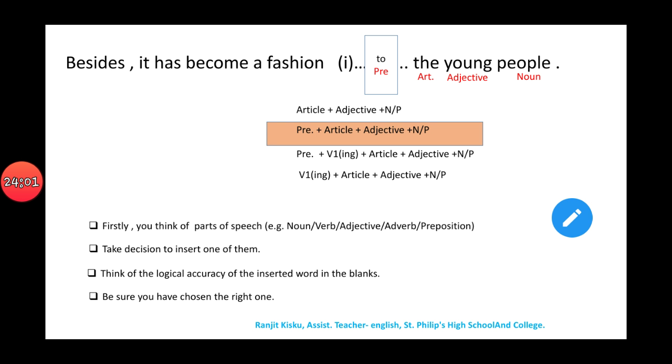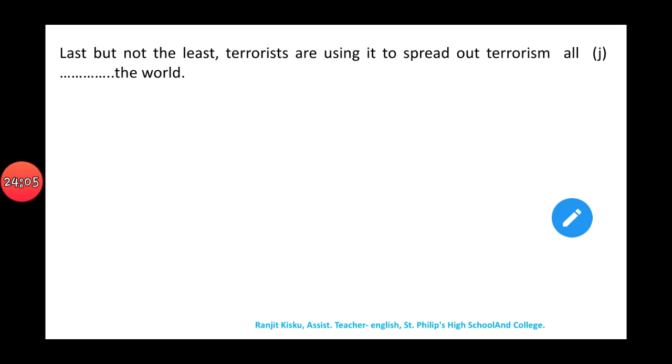Everything revolves around you. Okay, so let's go on. Our last sentence of the context: last but not the least, terrorists are using it to spread out terrorism all dash the world.